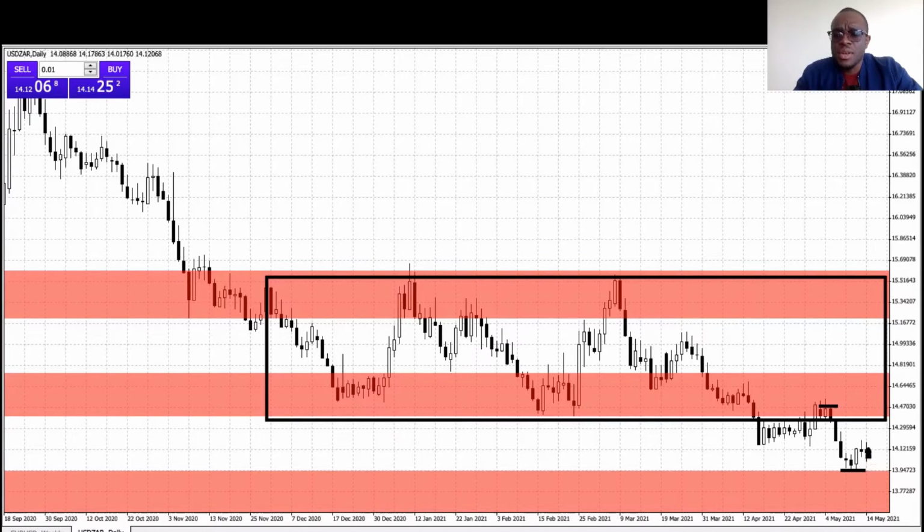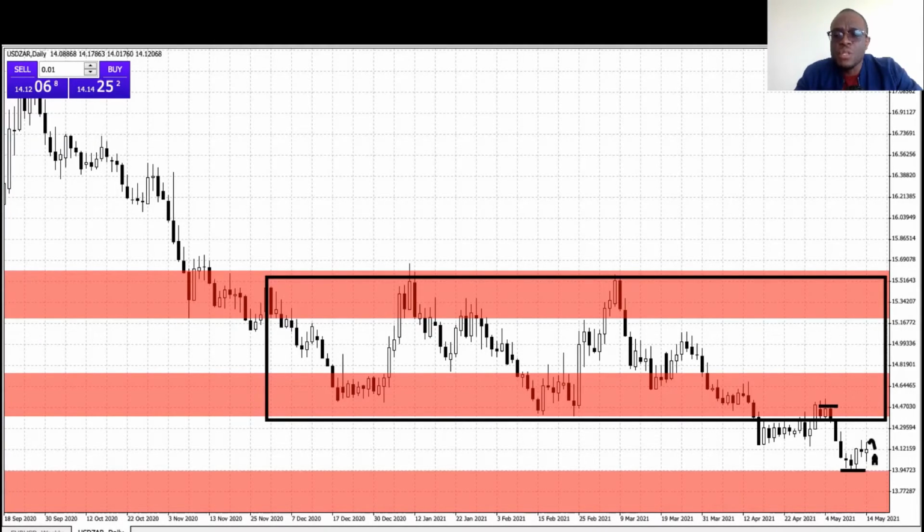So in the coming week, since we have this bullish engulf which formed a higher low, we'll be expecting the price to close above this high, forming another higher high, and once it forms a higher high, we'll be expecting it to pull back.